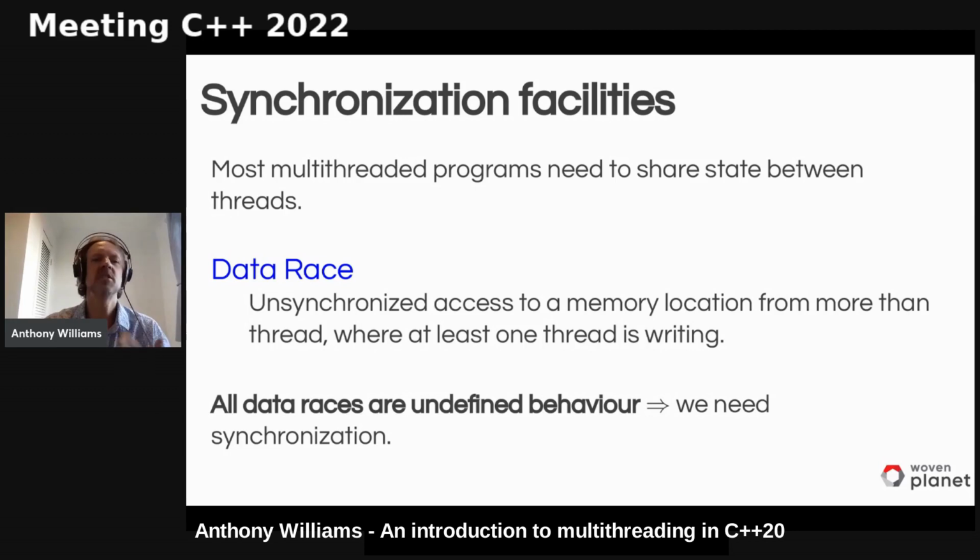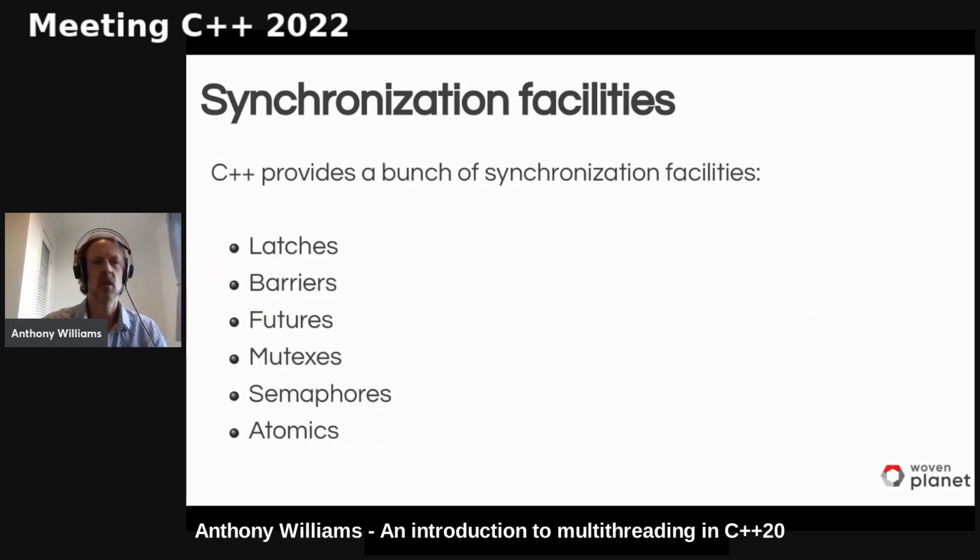So we need to put synchronization in our programs to ensure that where there is data shared between threads, we do not have data races. Like I said, we've got a whole bunch. We have latches and barriers and futures and mutexes and semaphores, and then, of course, atomics. So let's have a look at these in turn.